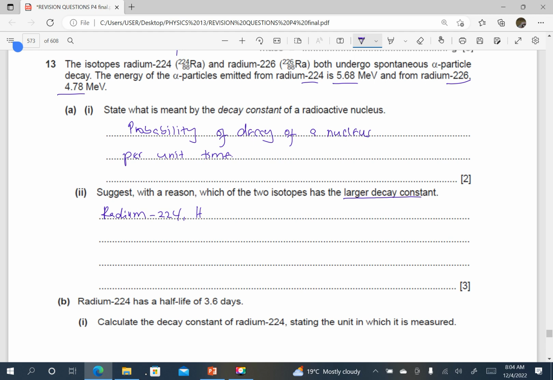Its alpha particle has greater energy, meaning that the parent nucleus was less stable.